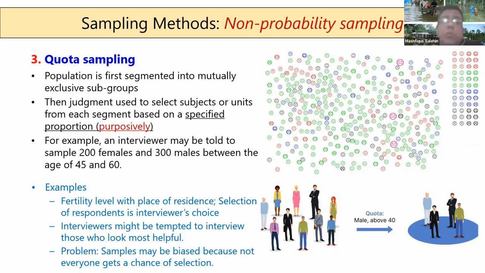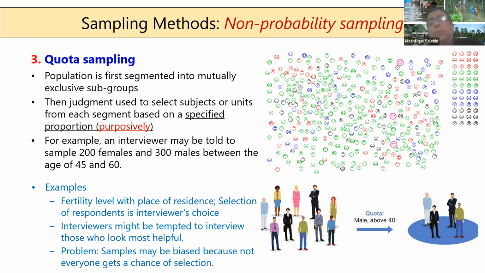For example, you have specified that, okay, I'll select 40% from the male subgroup and 60% from the female subgroup. When you select them, you just sample the males or the females that you think would be more able to answer your question. So you are not using any random sampling method to identify those respondents.